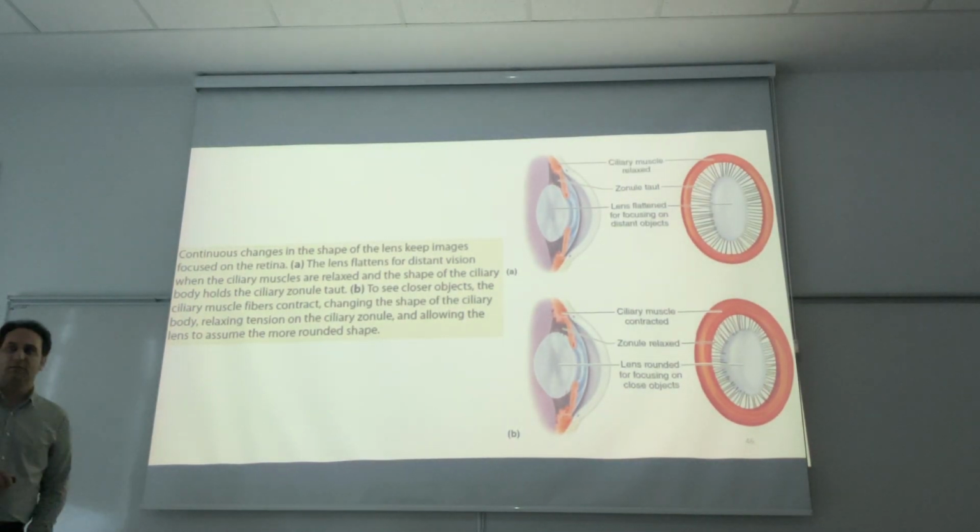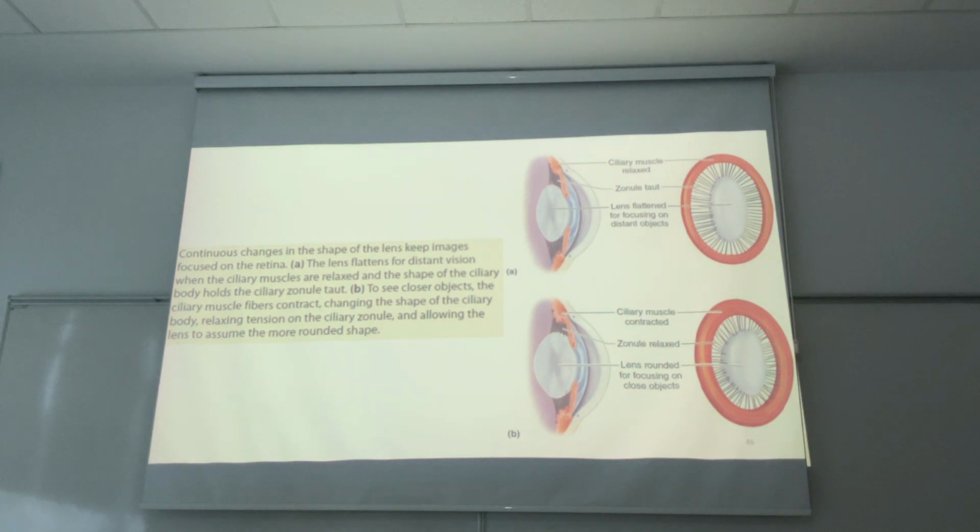Now let me talk about accommodation, how the diameter of the lens increases and decreases. When we are going to look at objects in the distance, the lens needs to flatten. For this function, the ciliary muscles relax.